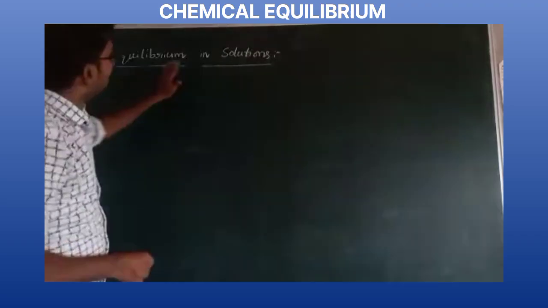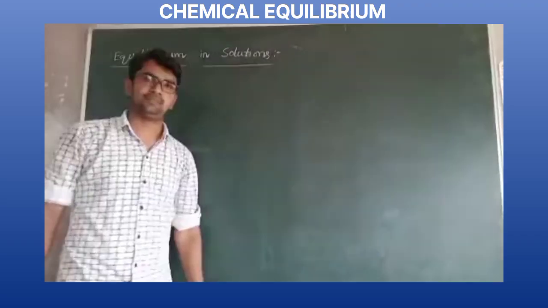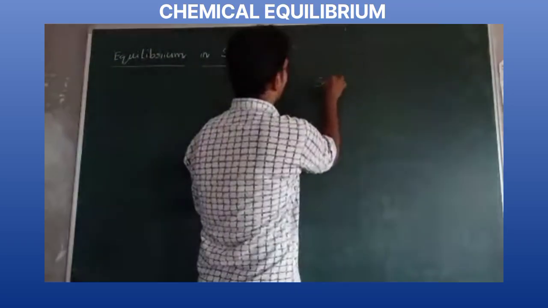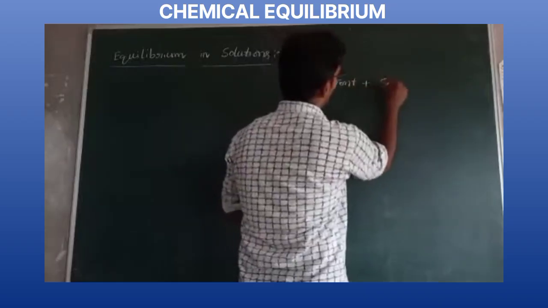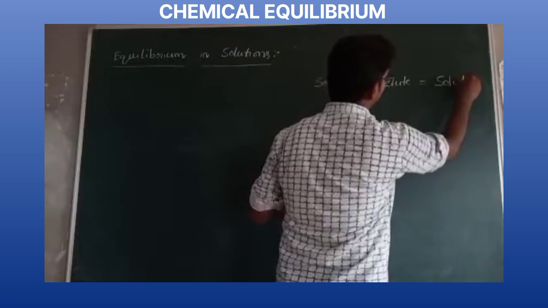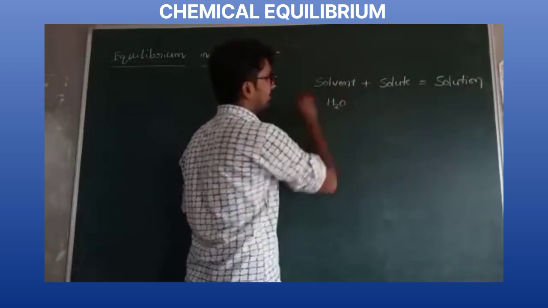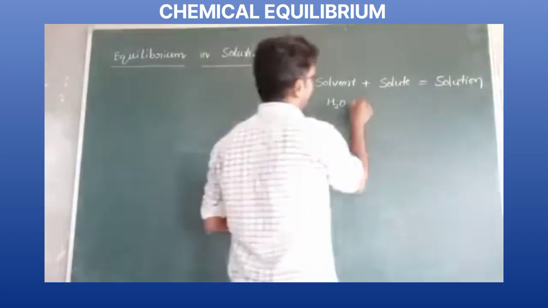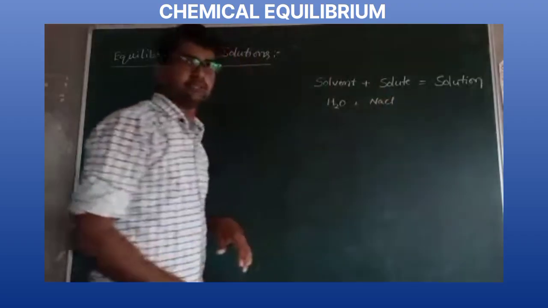Next topic, equilibrium in solutions. First, what is a solution? Solvent plus solute equals solution. For example, the solvent is water, and we add salt, NaCl, table salt or common salt.